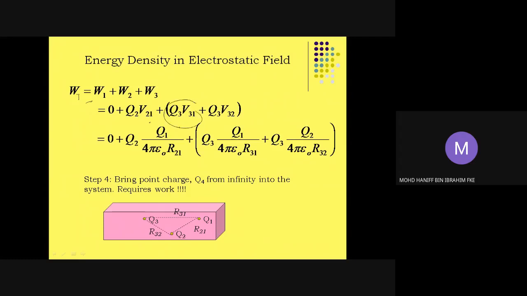Why do we have these two terms here? As I mentioned just now, this is Q1, this is Q2, this is Q3. So we have the potential at Q3 due to Q1, which is V31, and also the potential at Q3 due to Q2, which is V32. So it can now be written as this equation, and the second term as this equation.